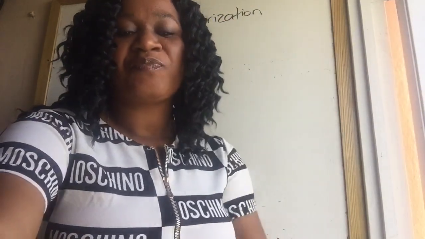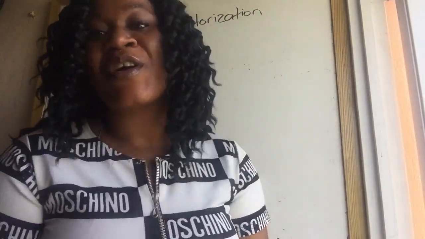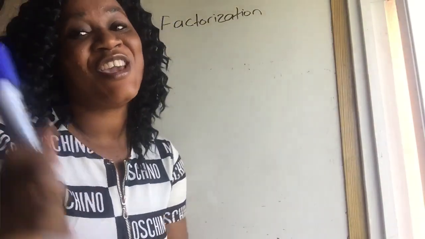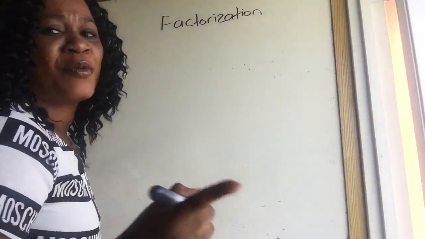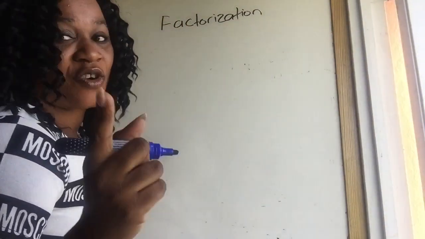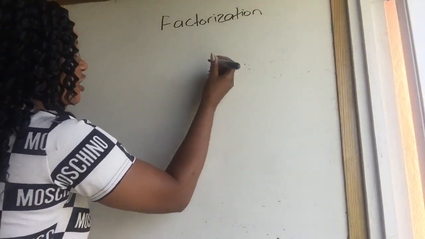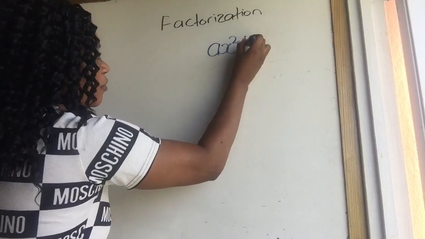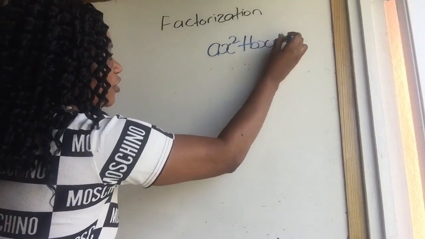So as I said before, Tyreek all the way in Portmore has asked me to do a question for him on factorization. So here we go. Remember, people, always have our standard form for quadratic, which is ax squared plus bx plus c.